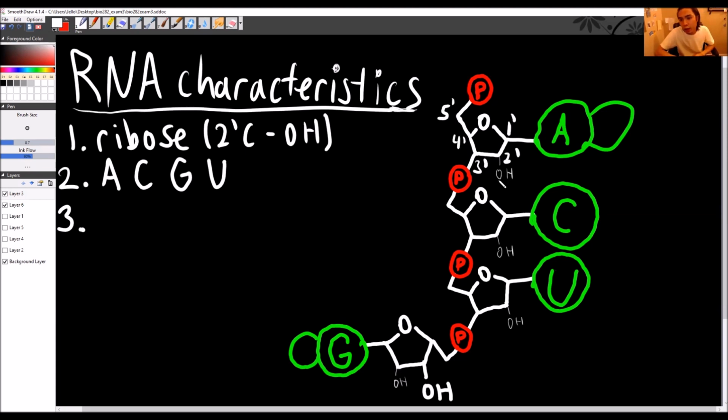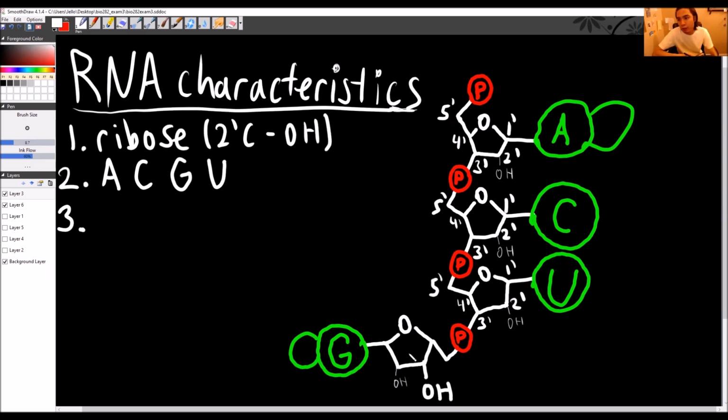Also, I lightly indicated that there is an OH on the 2' carbon. DNA, which has a deoxyribose, has an H, but RNA has that ribose sugar, which is different in that it has that hydroxyl group. But that's really not important. So 1', 2', 5'. And when I say not important, I mean not important for the exam.